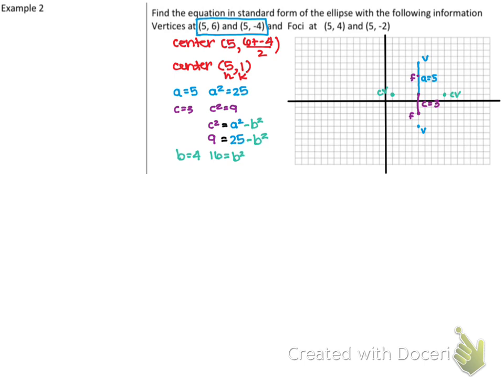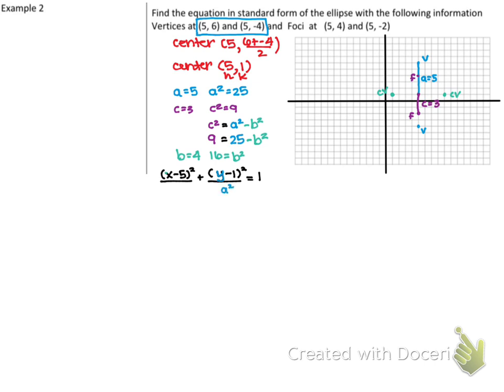Okay, so we're going to do x minus h squared. So that's x minus 5 squared over, we'll get back to that in a second. And then y minus k squared over, we'll get back to that in a second. And that's equal to 1. Okay, now we're stretching more vertically, which means under y, the vertical, we're going to put a squared.